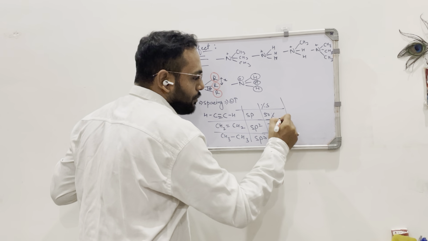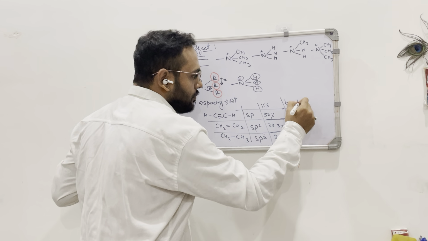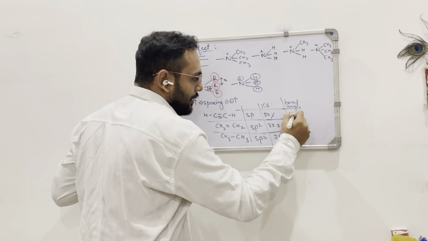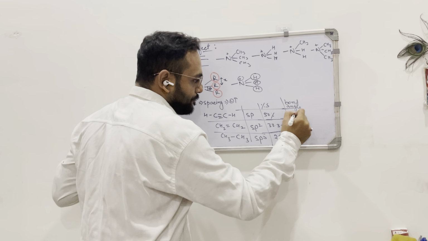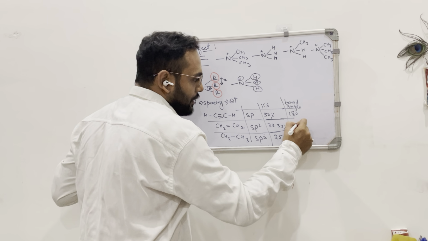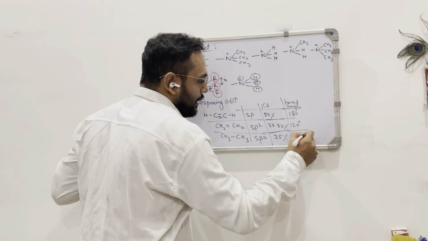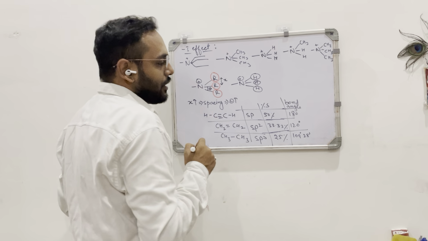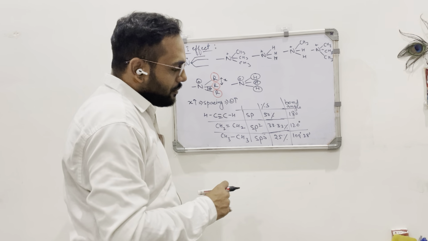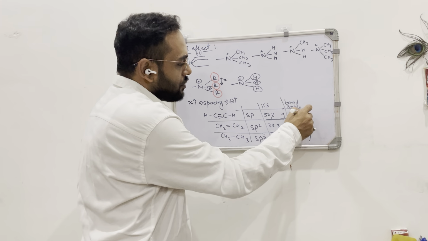And the bond angle will be 180 degrees in the first case, 120 degrees in the second case, and 109 degrees 28 minutes in the third case. So a very common observation I can take out from this table is that as the S character is increasing, the bond angle is also increasing.